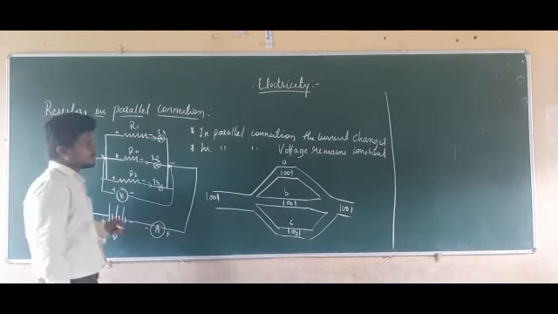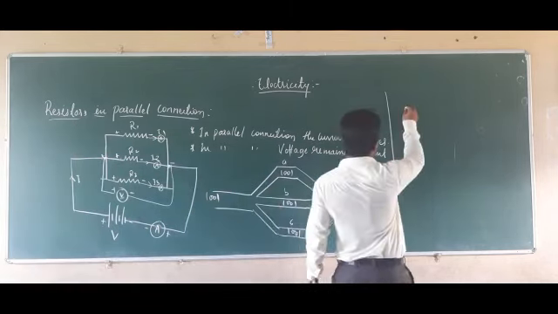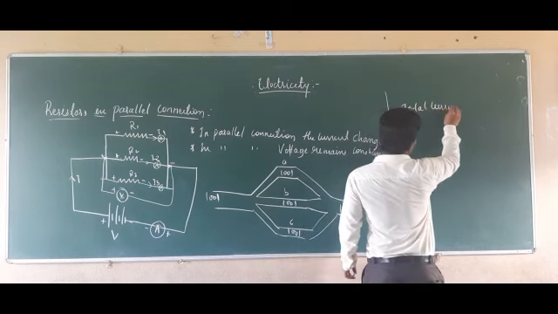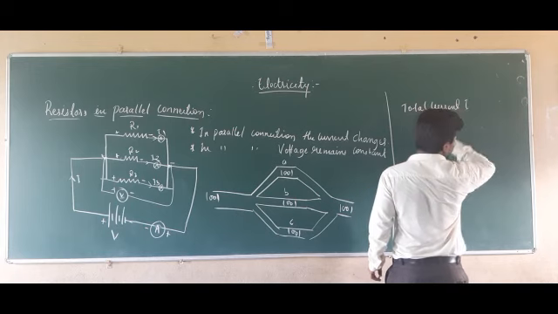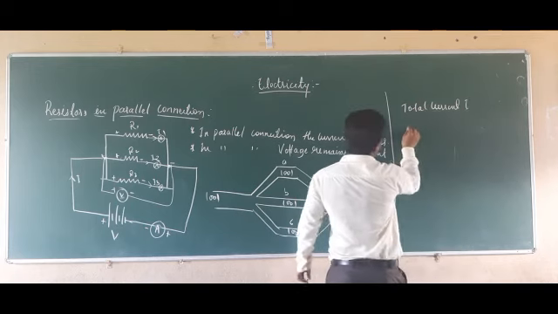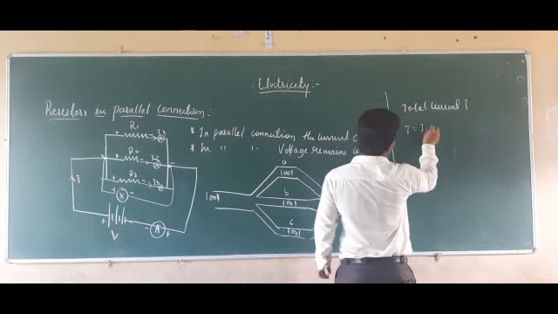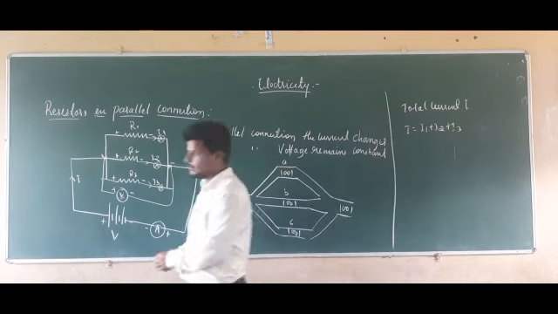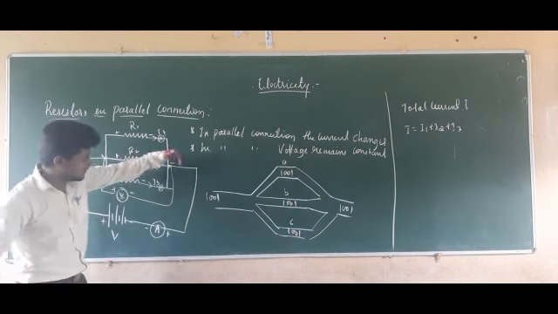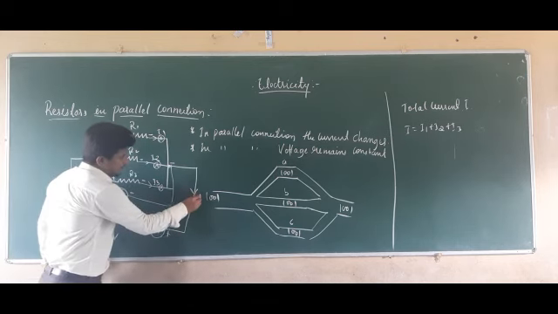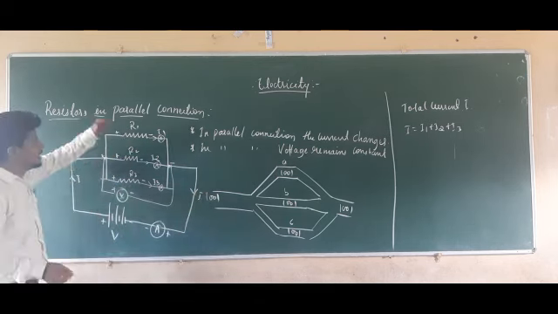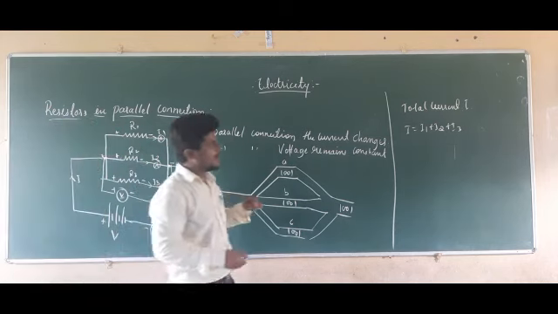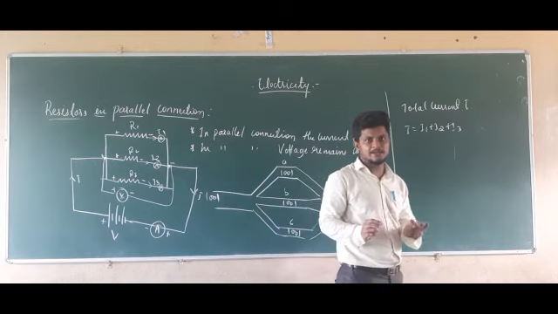The total current is I. Therefore, I equals I1 plus I2 plus I3. Whatever current flows here or comes back here is the sum of the currents flowing through R1, R2 and R3. So I equals I1 plus I2 plus I3, right?